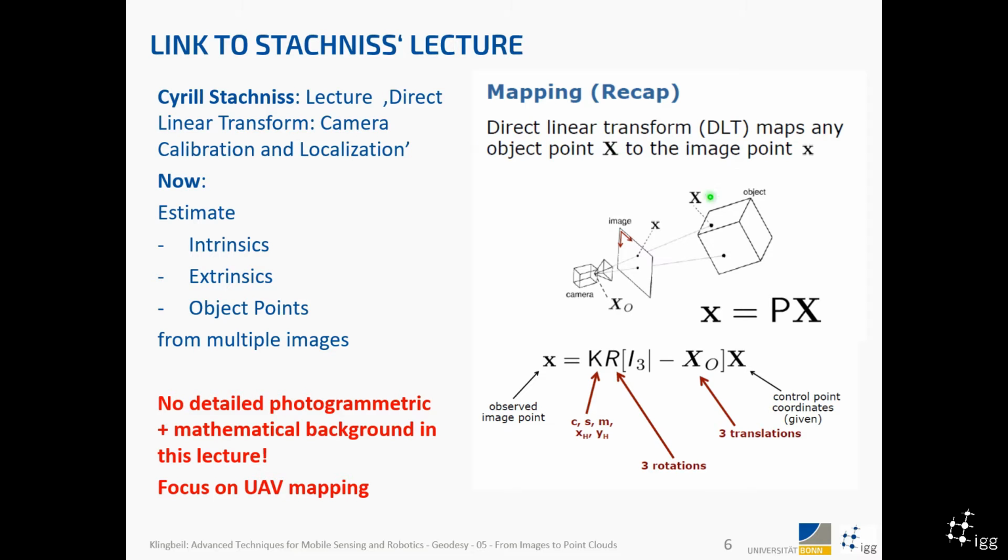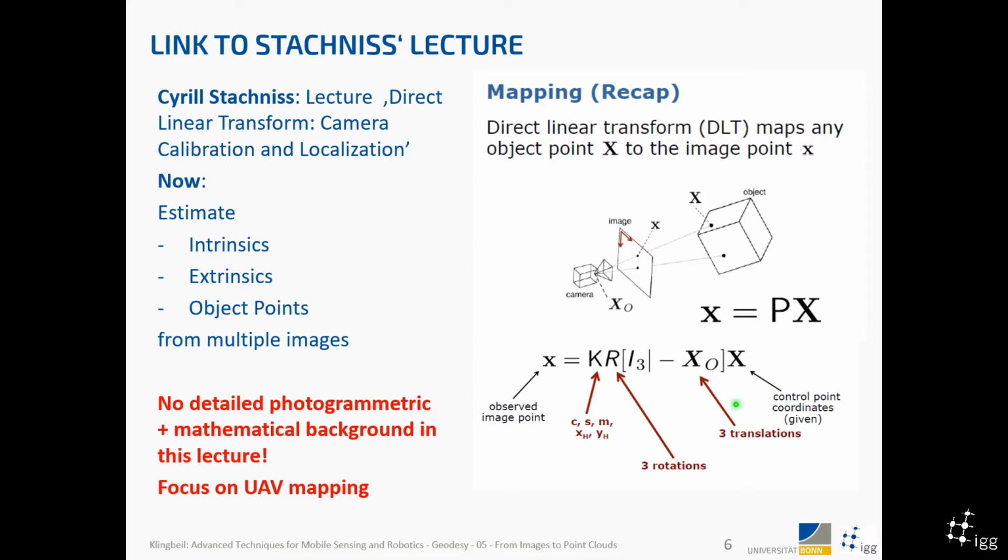The topic was the projection of something in the 3D world, in world coordinates, into the camera coordinates. So what happens on the way from the object to the actual observation that we do with the camera? This projection here from 3D world coordinates to image coordinates. And these image coordinates are the actual observations that we have.